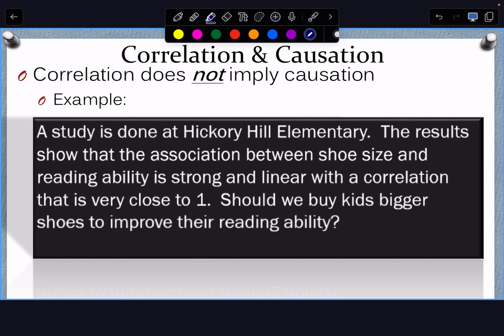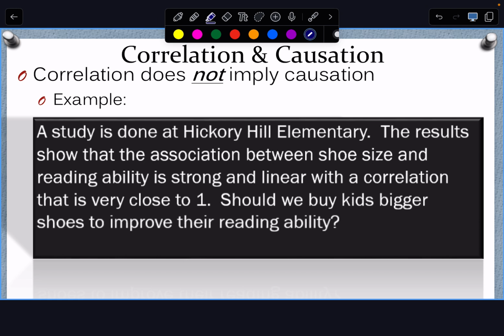The results show that the association between shoe size and reading ability is strong and linear, with a correlation that is very close to 1. So it's a positive association, meaning as shoe size increases, so does reading ability. So the correlation would suggest a very strong association between these two variables.